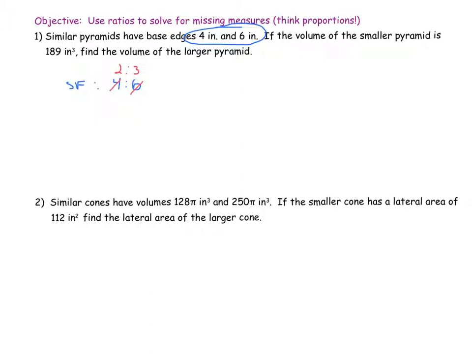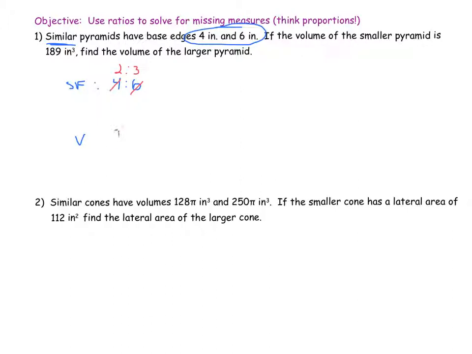If the volume of the smaller pyramid is 189 cubic inches, find the volume of the larger pyramid. So I'm trying to get to volume, so I'm automatically going to jot down what my volume ratio would be if my scale factor is 2 to 3 and I know that they are similar to each other. So I'm remembering from the chart and the concept of similar solids that we're going to take our scale factor measurements and we're going to cube them.